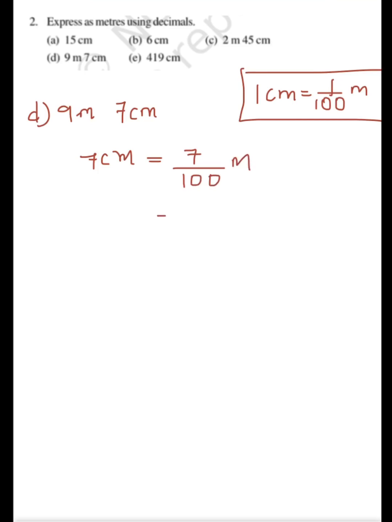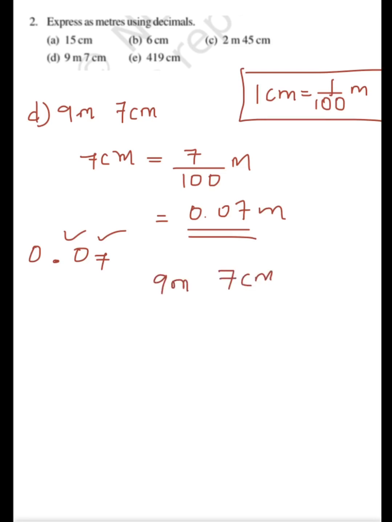Okay. So what is 7 by 100? Means two numbers should be there after the decimal point. So 1 2. So here we will put the decimal point. So 0.07. Okay, so 0.07 meter. Now but what is our question? Our question is actually 9 meter 7 centimeter.